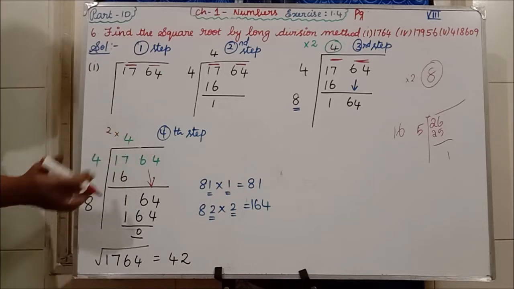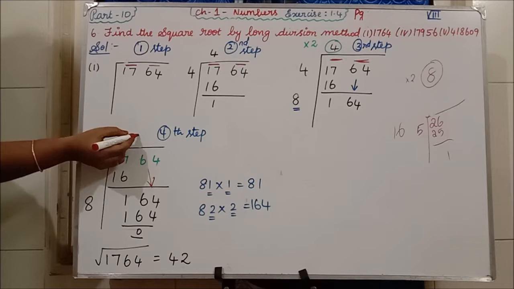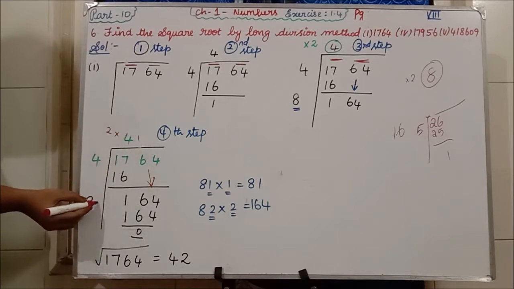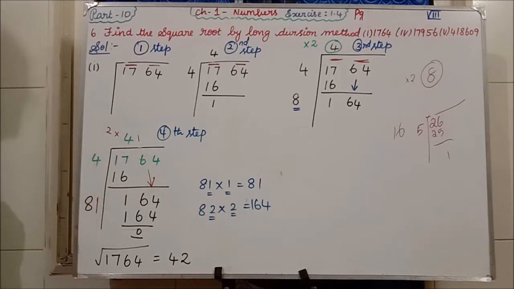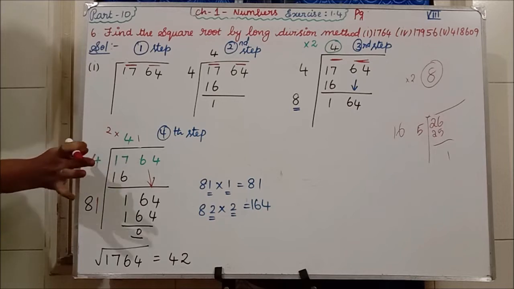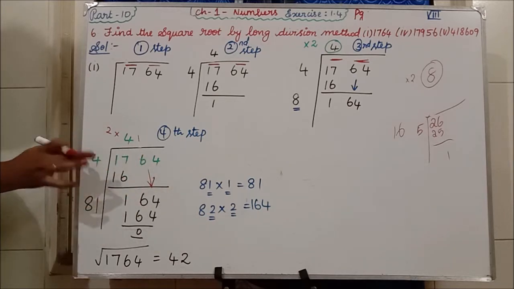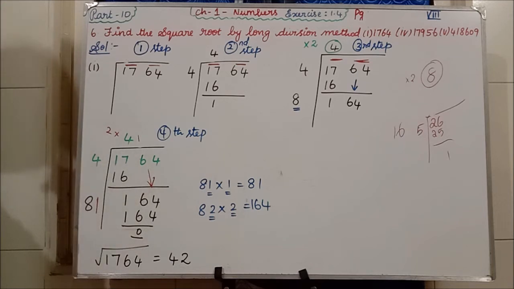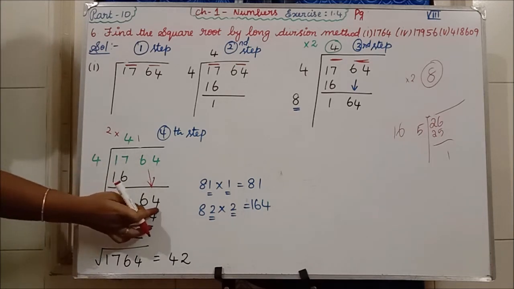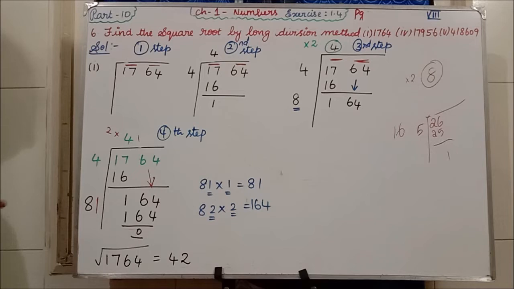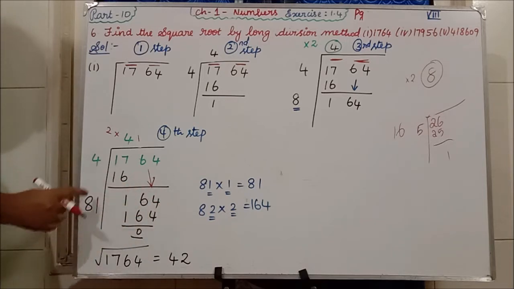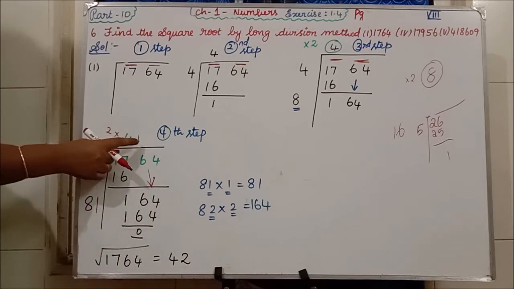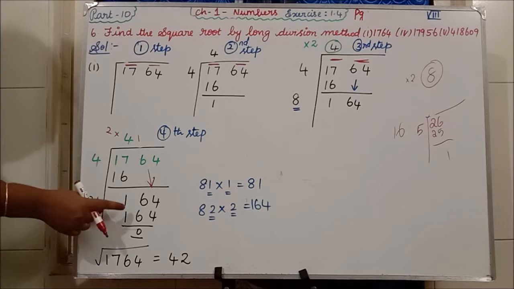As I told you, whatever number you write here, the same number you have to write here also. Now you have to forget about this 4 of 1764, everything. Now your mind should see only 164 and this 8. If you write 1 here, 1 into 81 is 81.